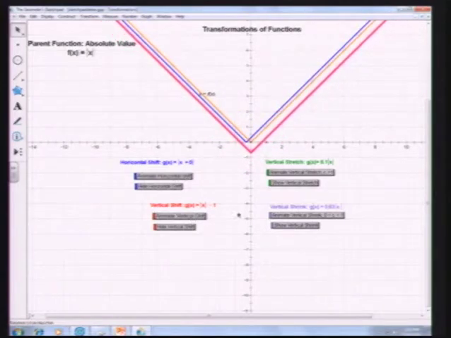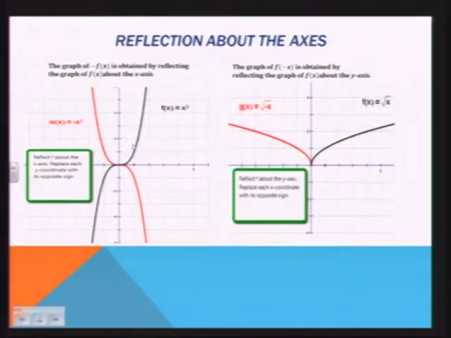Now, as we go through the section, we will move on now to another kind of transformation, which will be known as reflection about the axis. We're going to talk about two reflections, which in this case would be a reflection about the x-axis. Another reflection that we will talk about is a reflection about the y-axis.